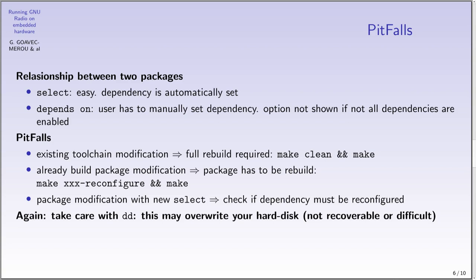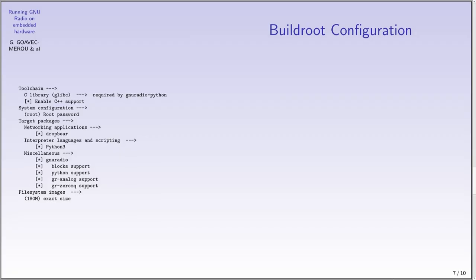Okay, we have seen the basics of Buildroot. Now we will see the modifications needed on Buildroot to have access to GNU Radio. First thing is the toolchain.